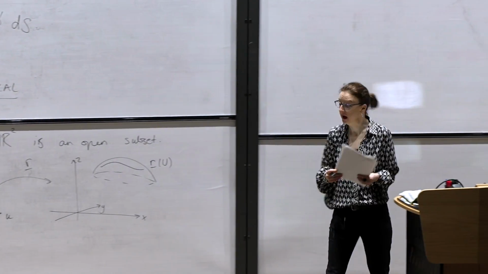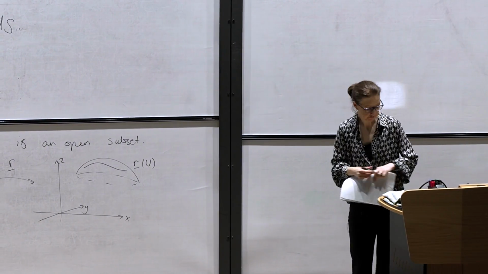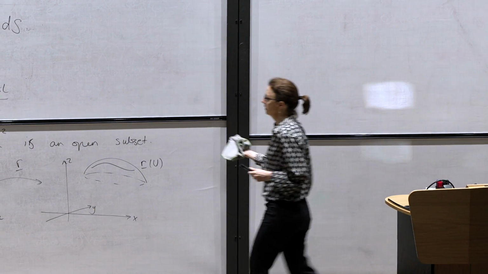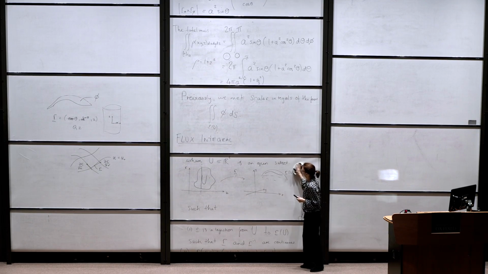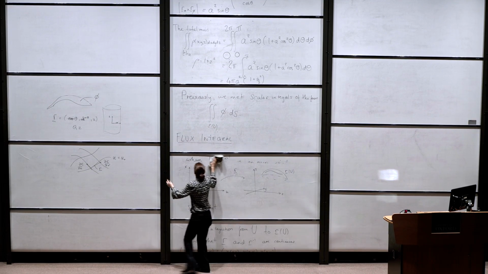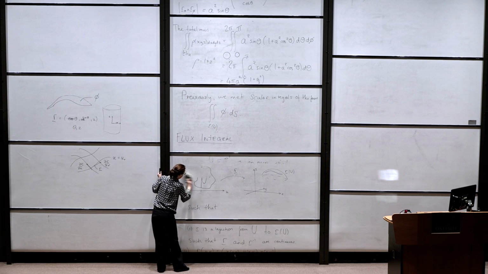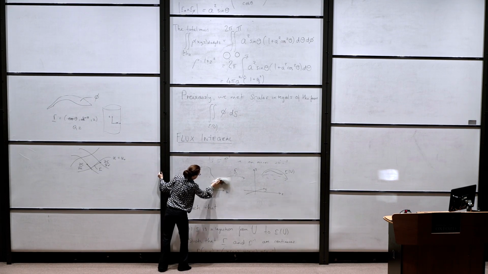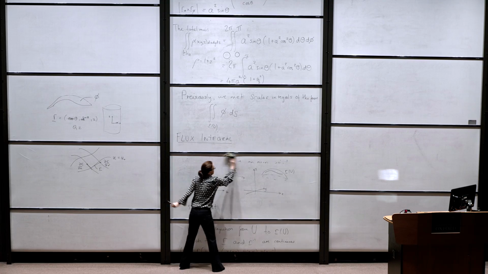So suppose now on the surface we have a vector field, and we want to compute how much flux we have across that surface.